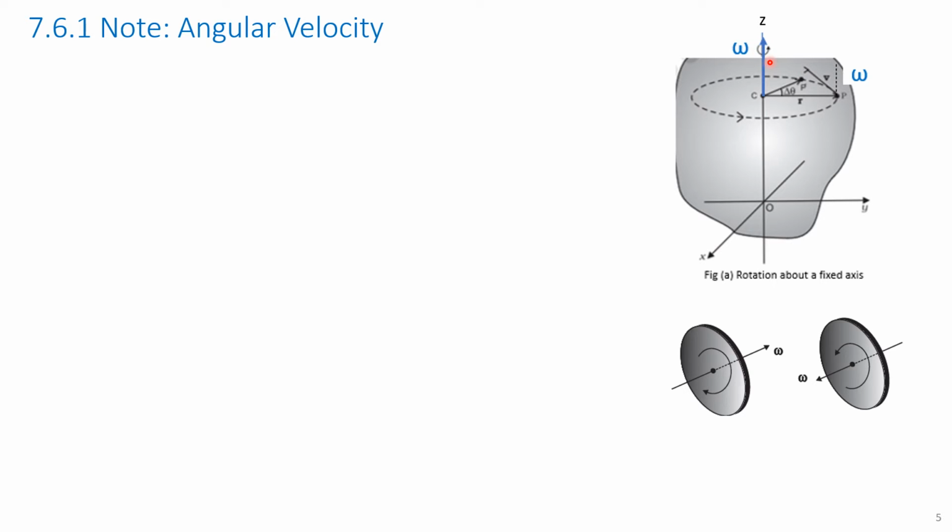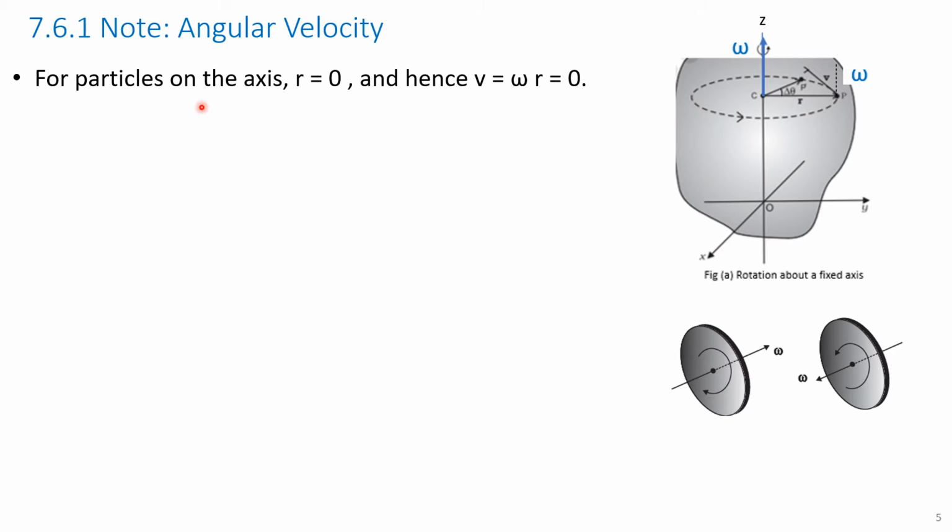Angular velocity follows the right hand rule. For particles on the axis, r is equal to 0. If there is any particle lying on this axis, the distance r is 0. Hence, the linear velocity v is equal to omega r equal to 0.